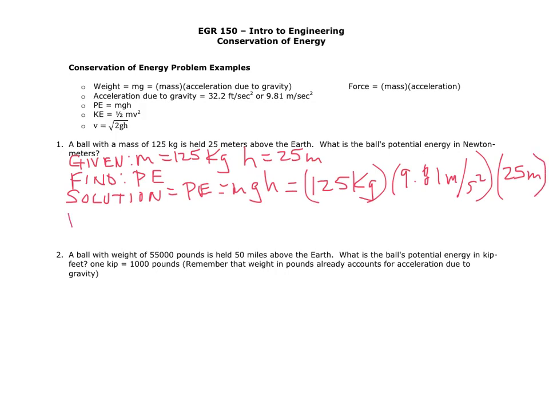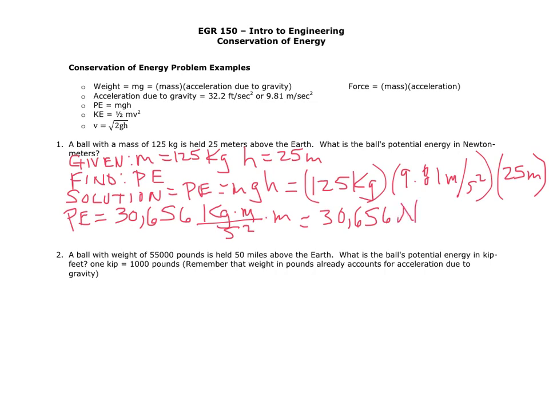When we multiply that out, we're going to get 30,656 kilogram meters per second squared times a meter. I write that because a kilogram meter per second squared is a Newton, right? So that would be 30,656 Newton meters. And then we box our answer.